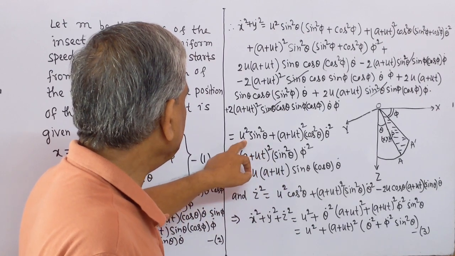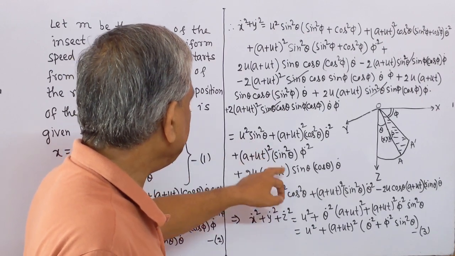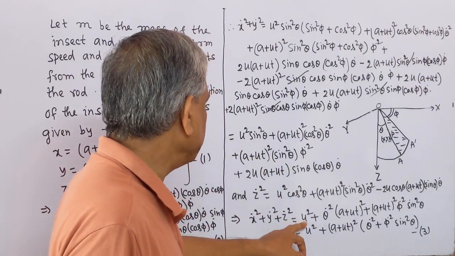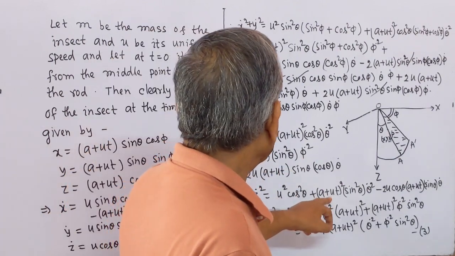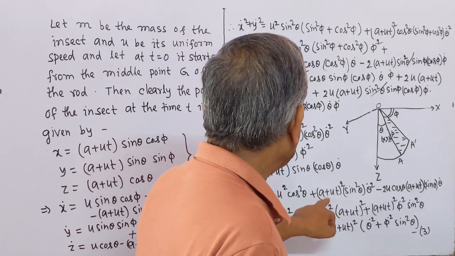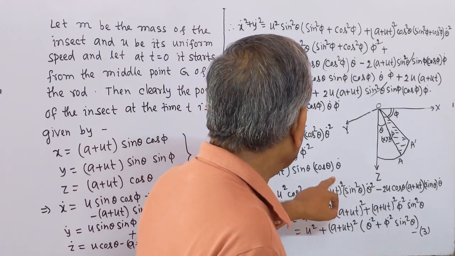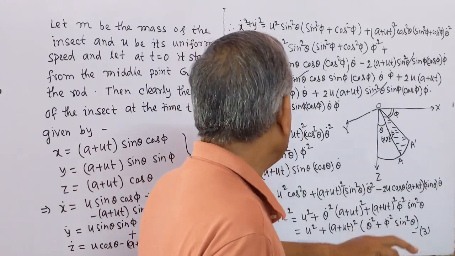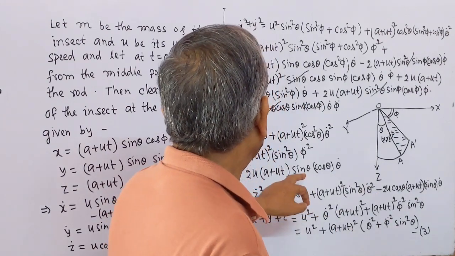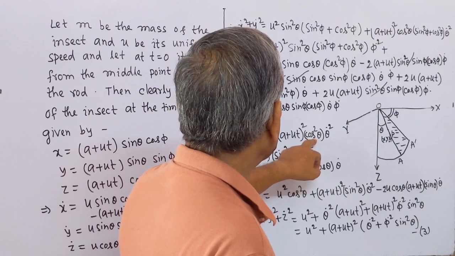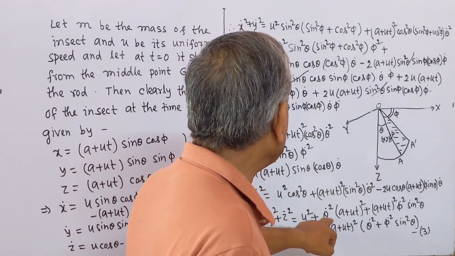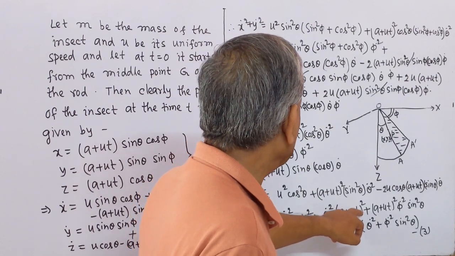So we take u square common, remains sin square theta plus cos square theta, that is 1, so here u square. Now here we take (a plus ut) whole square theta dot square common, and here only remains cos square theta plus sin square theta, 1. So here theta dot square (a plus ut) whole square.